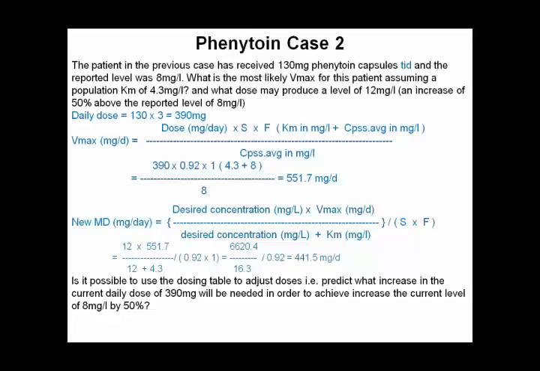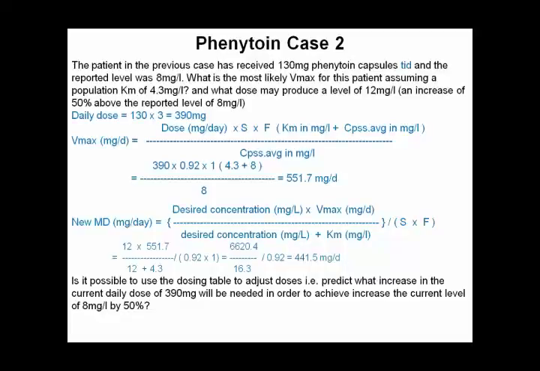Now I will leave it for you to practice using this case to find out what dosage change you may recommend using my table. And let me show you what I would do. This current dose is 390, producing a level of 8.